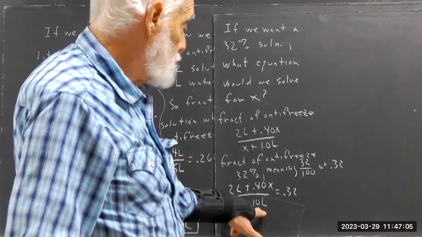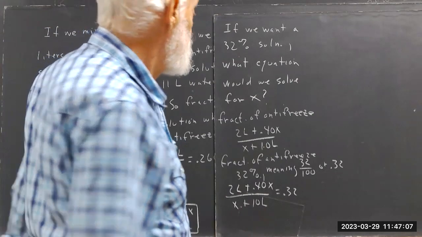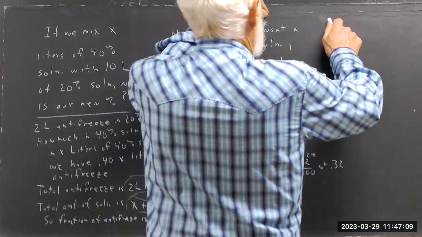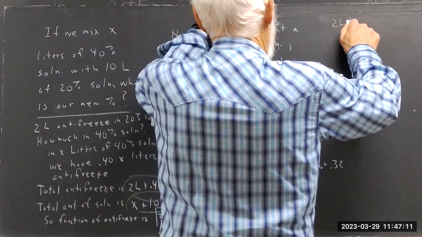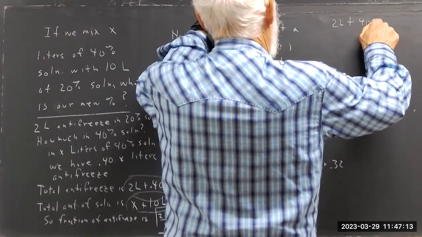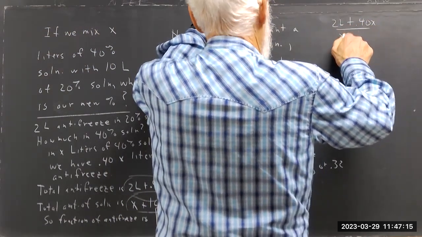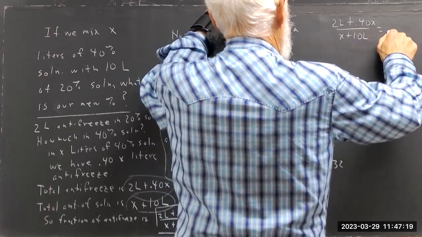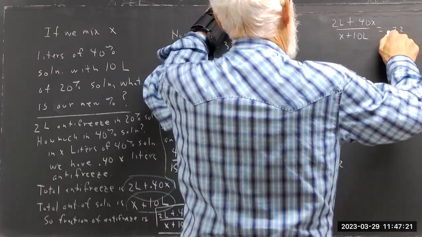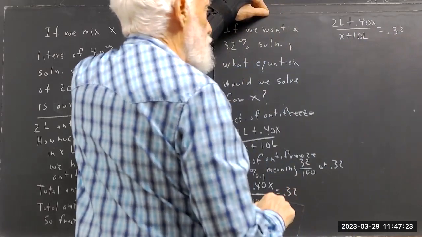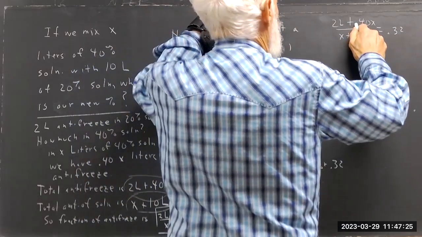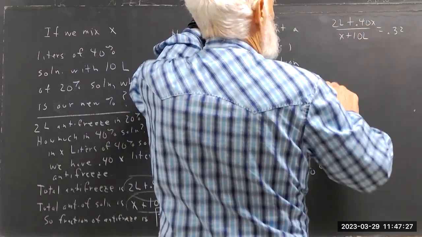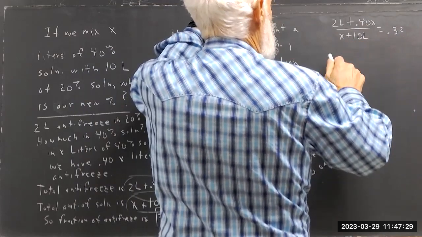We're going to multiply both sides by the denominator. So rewrite it. We multiply both sides by X plus 10 liters.